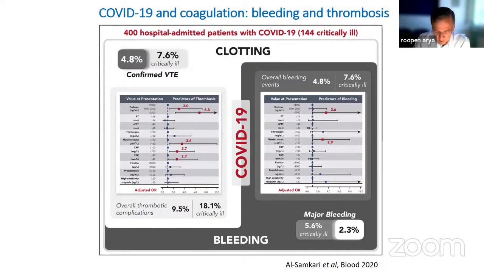So subsequently, there was a large systematic review by David Jimenez that showed that the overall bleeding rate in thousands of patients was about 7.8%, and the major bleeding was about 4%, but that included cohorts of patients on intermediate and therapeutic dose anticoagulation for thromboprophylaxis.